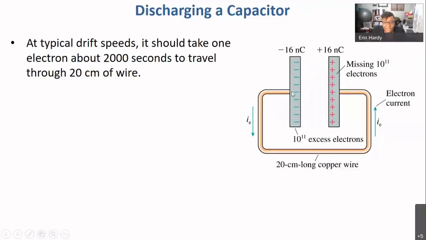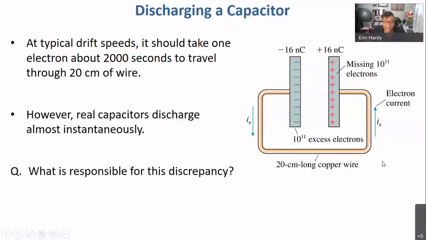So for each electron that starts off on the surface of the negatively charged plate of the capacitor to make it all the way through this 20 centimeter long wire, we can just use our definition of speed, going all the way back to probably day one of semester one. We know the speed from a couple of slides earlier.